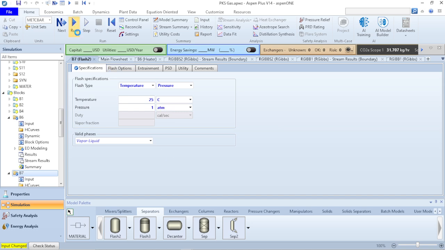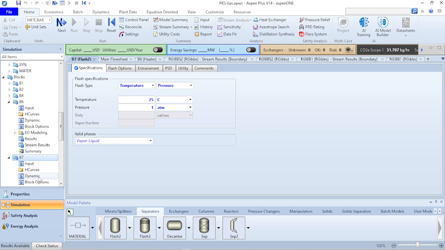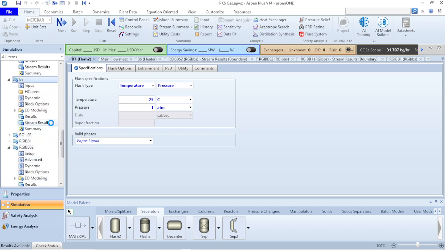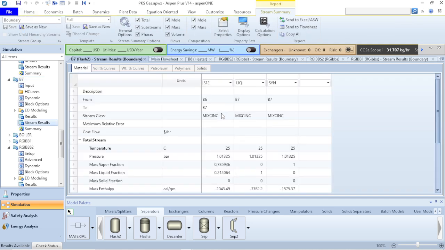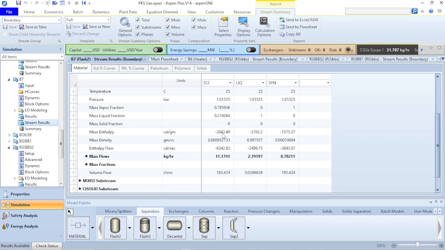So the process is complete. Let's check the final results. Let's check mass flow.